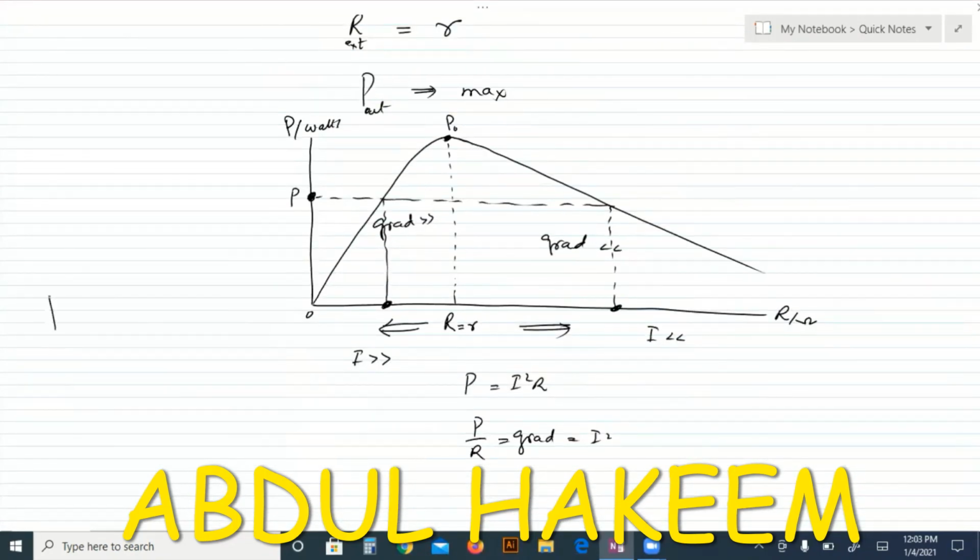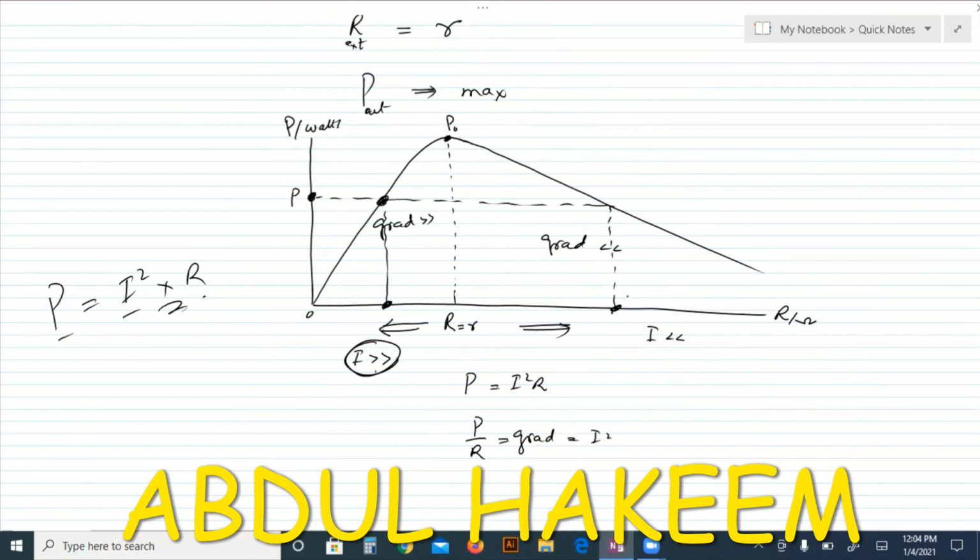Because the power is the product of I square and R. So here the current is large and resistance is low, and here when the resistance is large the current is small, so the product becomes the same.